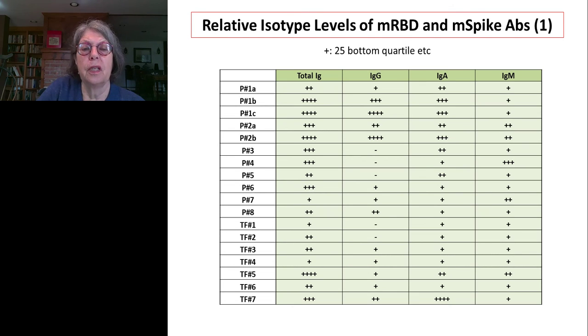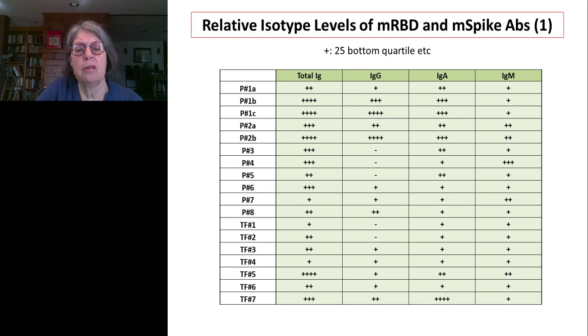this patient specimen is in the third quartile. That's the next to the highest quartile for total Ig, that's G, A, and M. But this specimen didn't have any IgG in it. It was in a low quartile for IgA, but it was in a very high quartile for IgM. So it means that at this point in time, patient number 4 had mainly an IgM response.